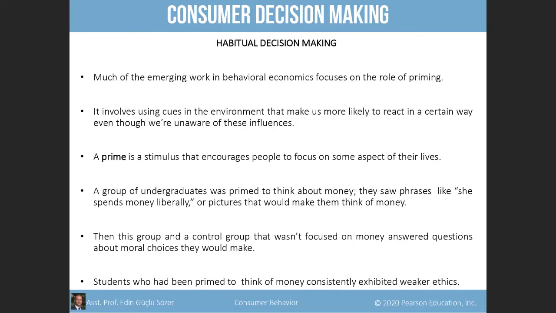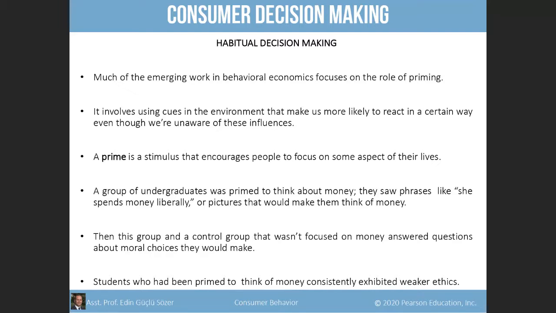For example, we have a research with students as subjects. The researchers divided the students into two groups. To the first group, researchers showed images of someone who spends money very liberally, a lot of money, on prestigious luxury brands and products, and buys anything he or she wishes.